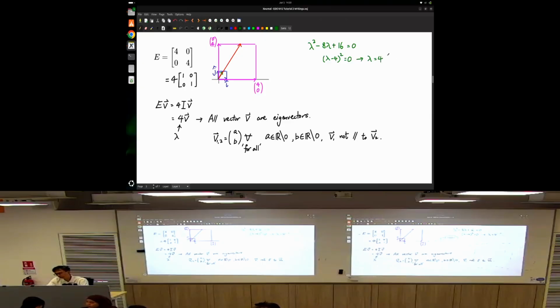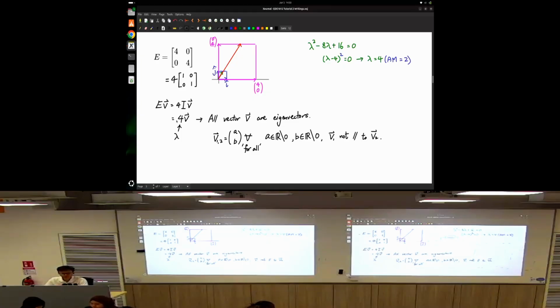Then in this case, for this particular eigenvalue, the algebraic multiplicity is 2, because the power here is 2. At this juncture, maybe you think that, oh, this is 2, but it is possible that it doesn't give me enough eigenvectors.